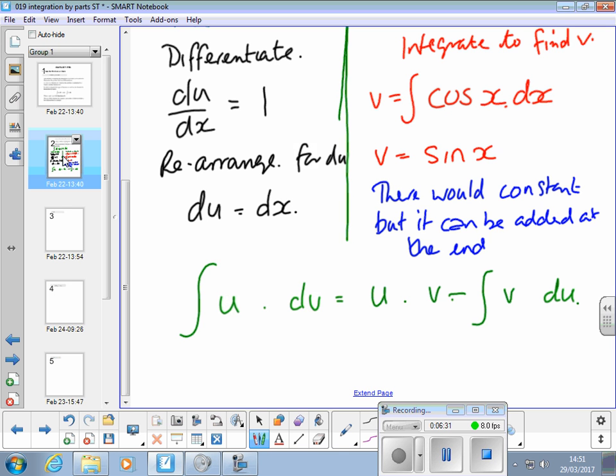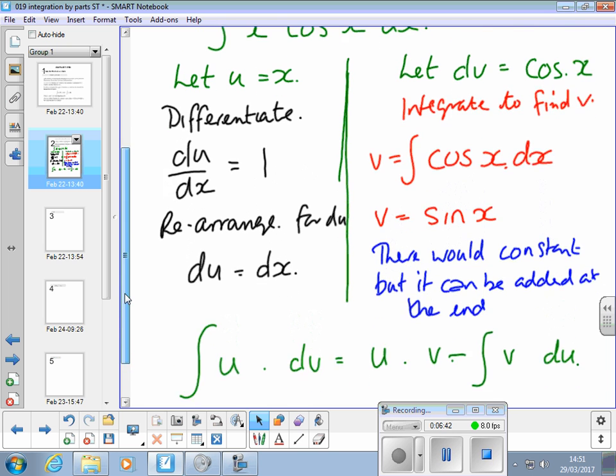Spread it out so we can put all those parts in and bring them together. So what have we said u is equal to earlier on? x.